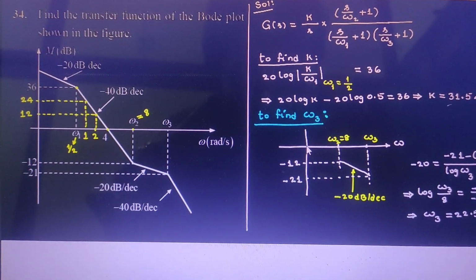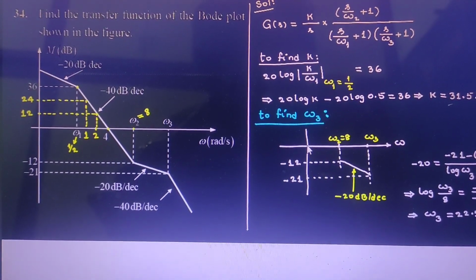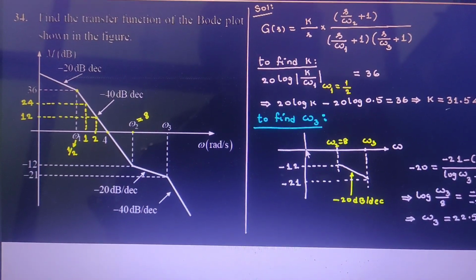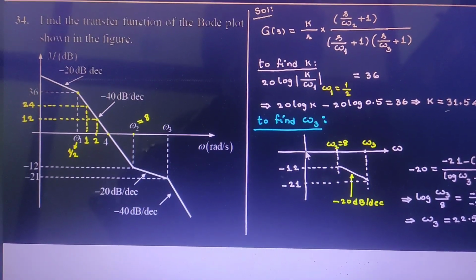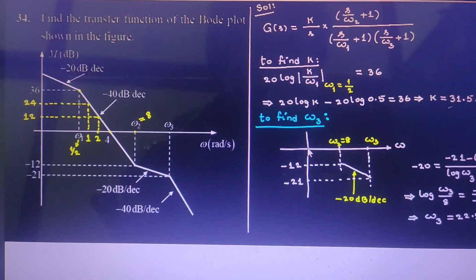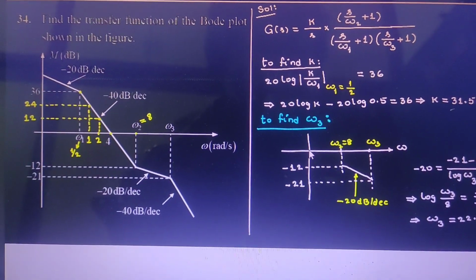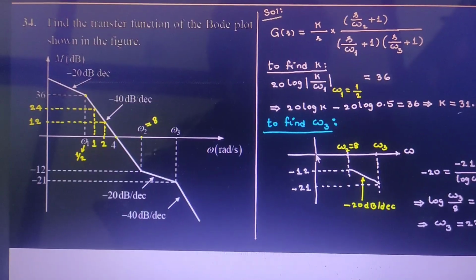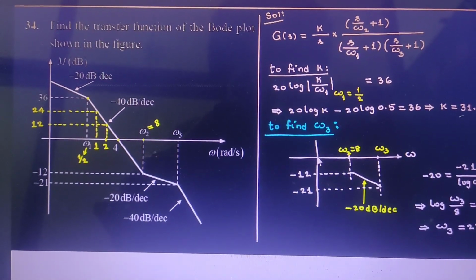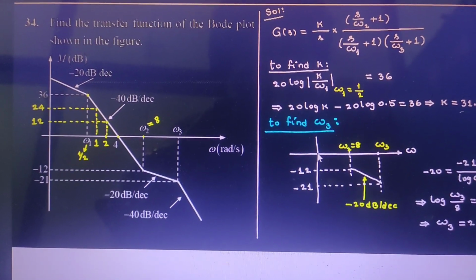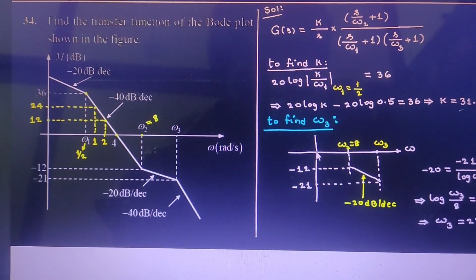So if you multiply omega 1, which is half, with 2, you will get 1. So at magnitude 24 dB, you will get 1. Again the next slope is minus 40 dB per decade, which is minus 12 dB per octave.